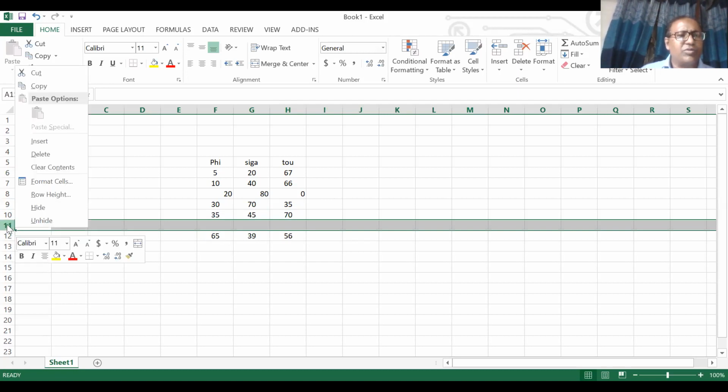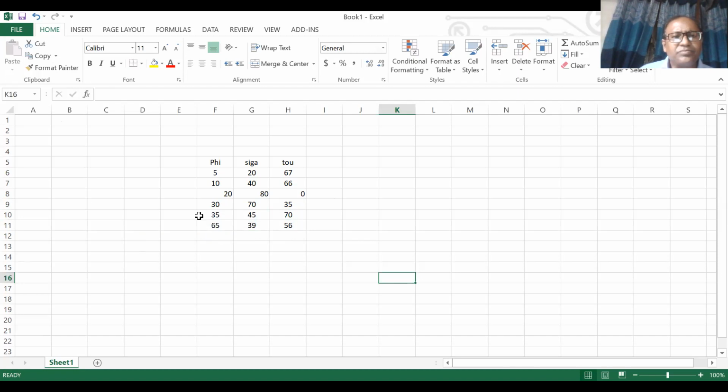Let me erase this row. Similarly, you got say 70 right over here, sigma you got 56 for example, and tau you are getting -7.